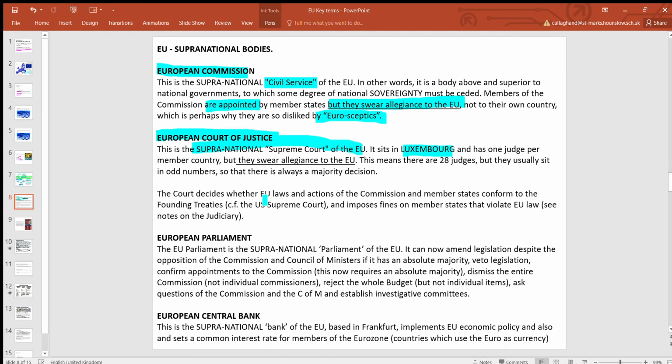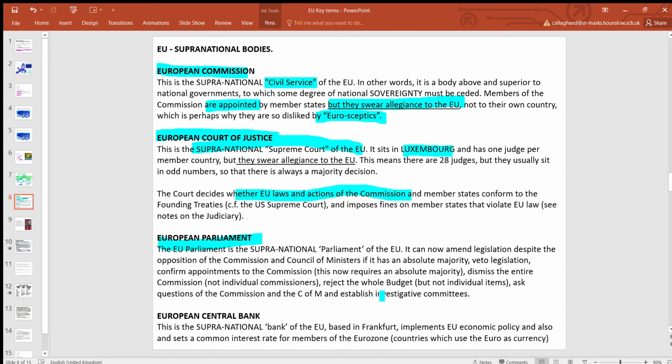The court decides whether EU laws and actions of the Commission and member states conform to the founding treaties, and imposes fines on member states that violate EU law. So if there's a dispute between a country and the EU, or between different countries within the EU, as to whether they're following what's in the treaties, that would end up in the European Court of Justice, and their ruling is final. They're supranational.